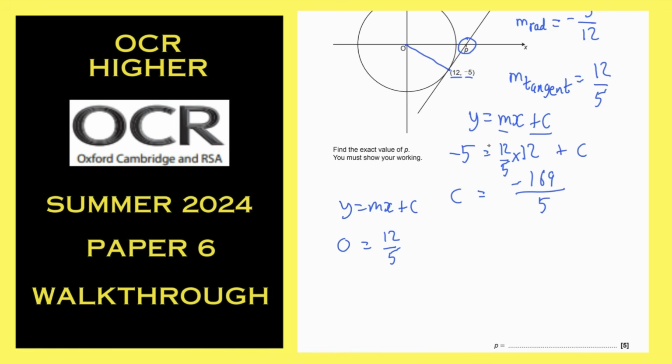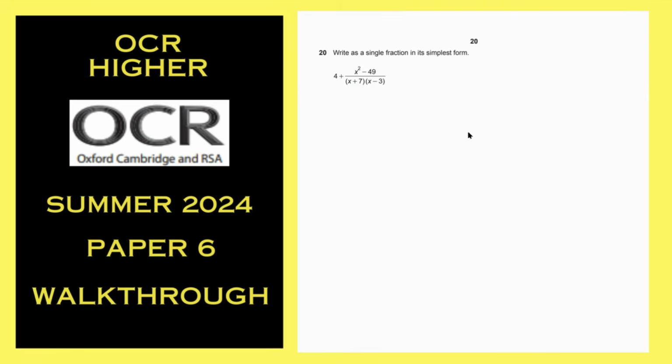The x coordinate is denoted by the letter P, minus the 169 over 5. You can times through by 5, 0 times 5, who cares? And you find P, you add 169 to both sides, and you divide both sides by 12. Job's a good one. On we go.